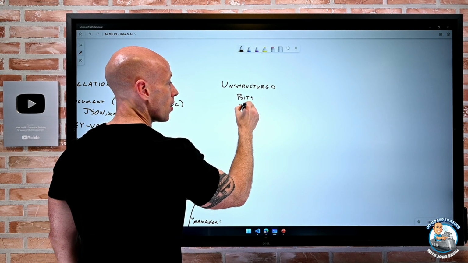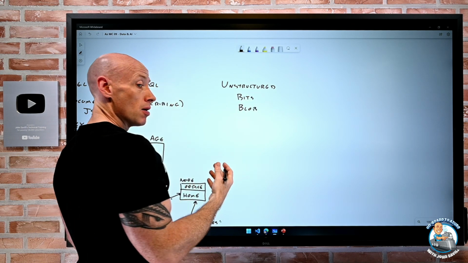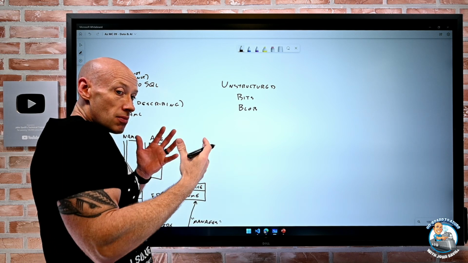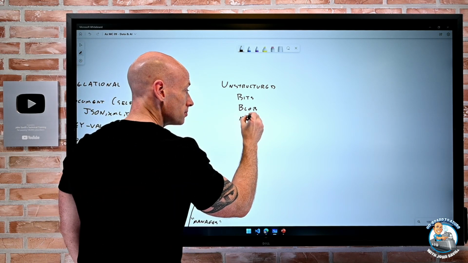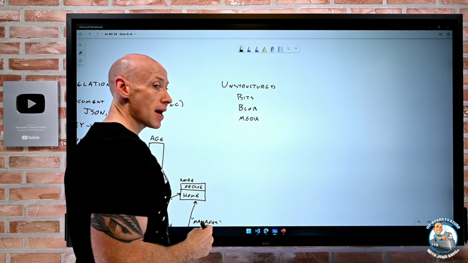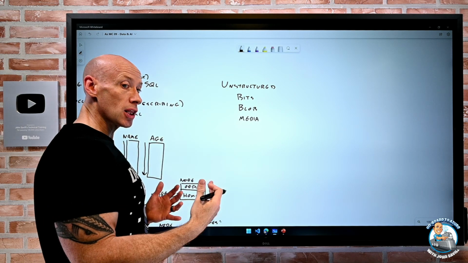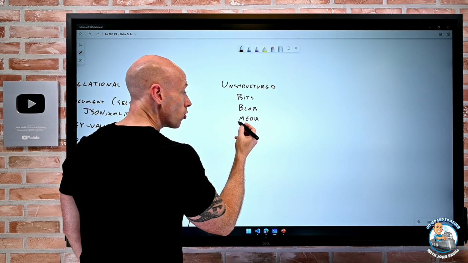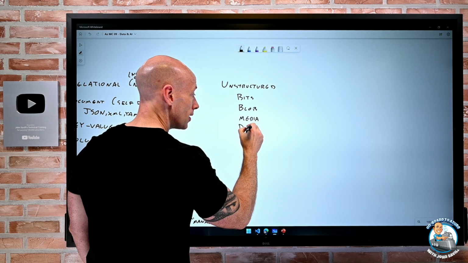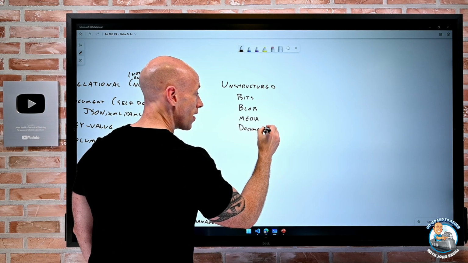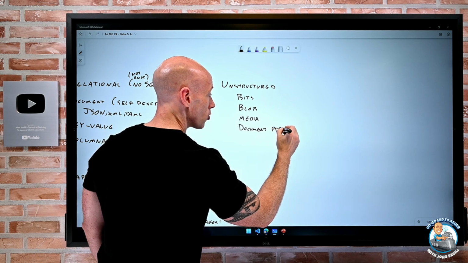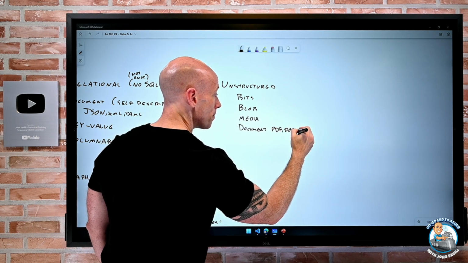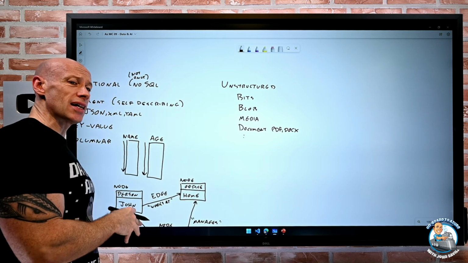Now this could be a binary large object. What's actually inside that? It could be media. It could be a JPEG, could be an MP4, an MP3, an AVI file. It could be a document, like a PDF file, for example, docx, whatever that might be. It could be anything. I can store anything in unstructured.